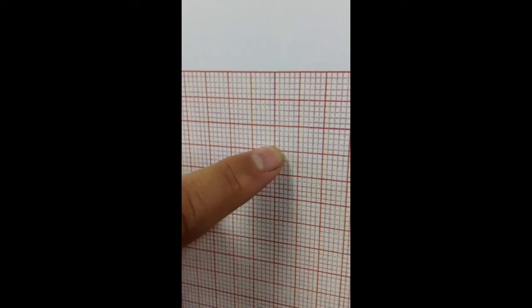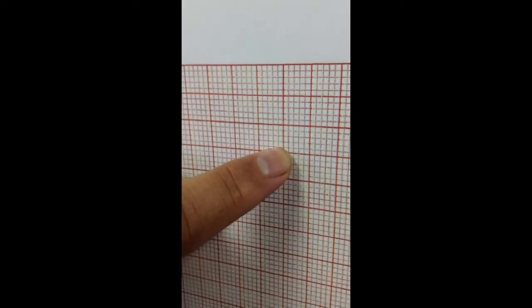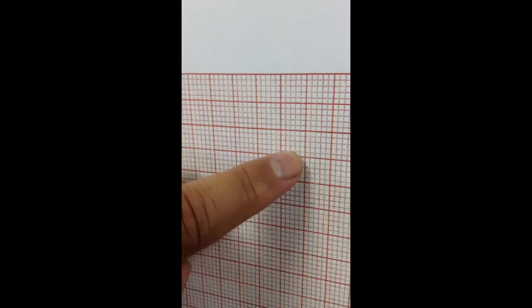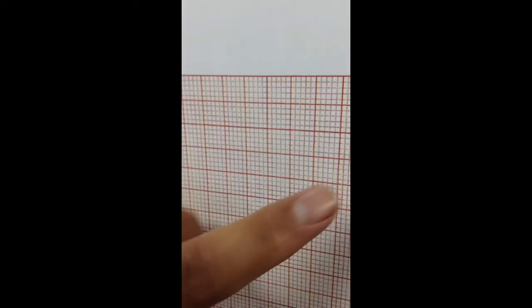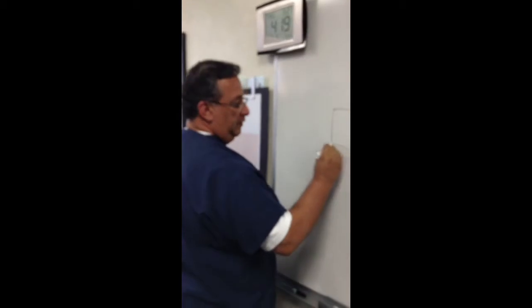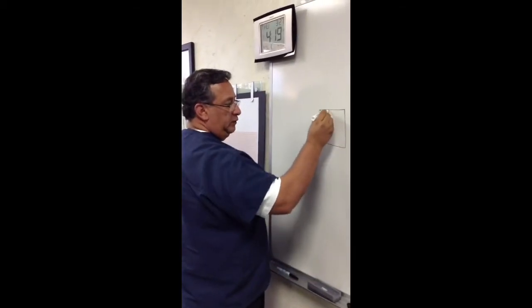Let me just talk about that real quickly. Each little square represents a measurement, and then each large square represents a measurement. And so I'm going to go over here to the board and kind of explain that. So here we have an example of a large square with little squares inside.